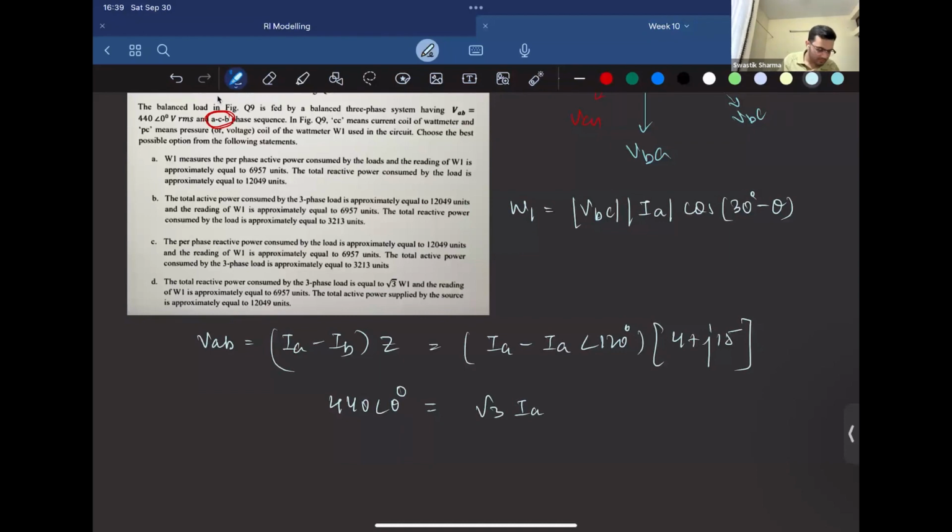4 plus j15 can be written as 15.52 at an angle 75.1, and this is minus 30.